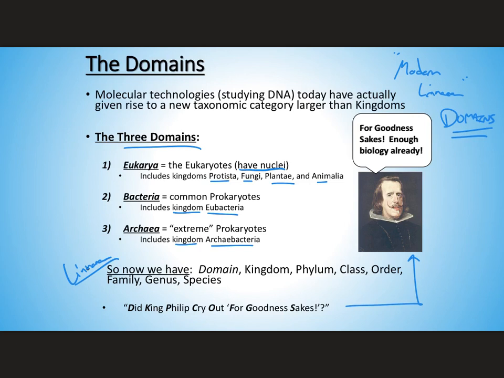So here's King Philip. Did King Philip cry out for goodness sakes? And that will give you the first letters of these things, so you can always remember what's bigger or smaller than what. So domain, kingdom, phylum, class, order, family, genus, species. Did King Philip cry out for goodness sakes?